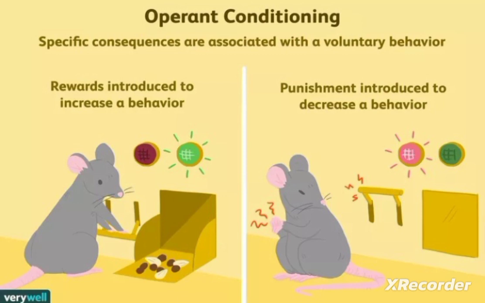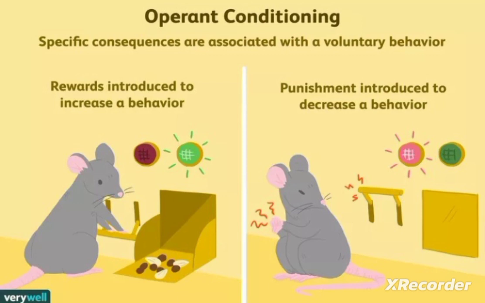According to B.F. Skinner, there will be a spontaneous behavior that originates within the individual that helps to produce desired consequences for an individual. The procedure of developing such spontaneous behavior is known as operant conditioning.